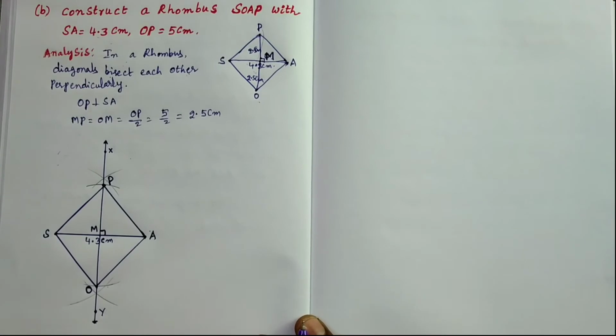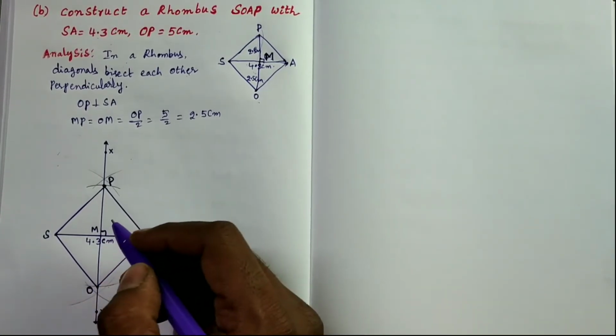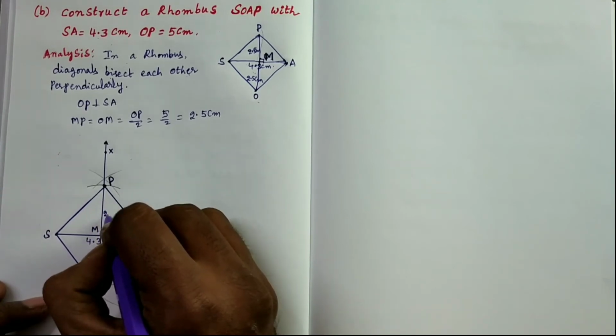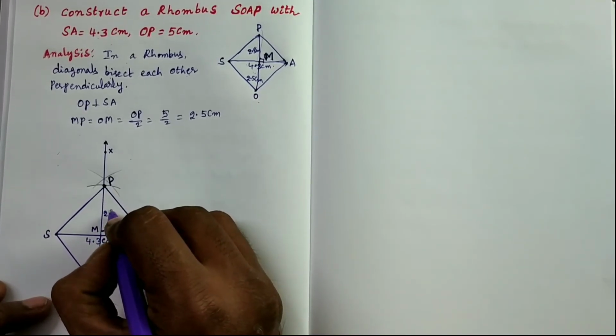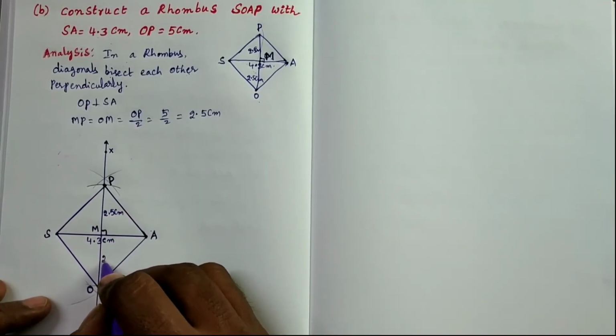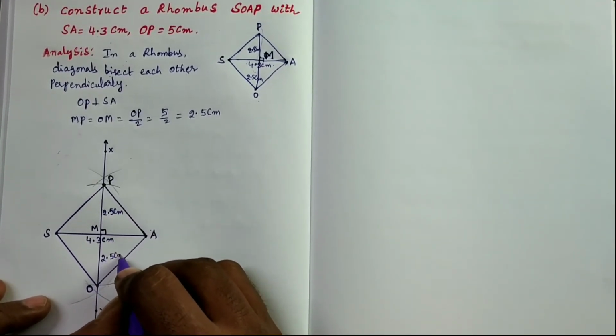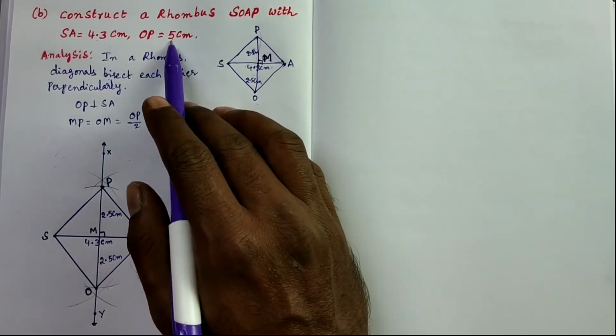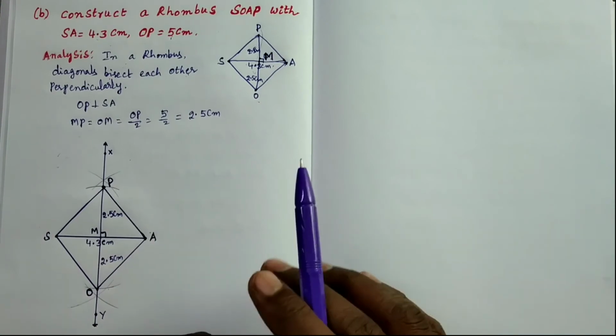So this is the required rhombus SOAP. This length MP is 2.5 centimeters and this length is 2.5 centimeters. So the total length of OP is 5 centimeters. So the construction is over.